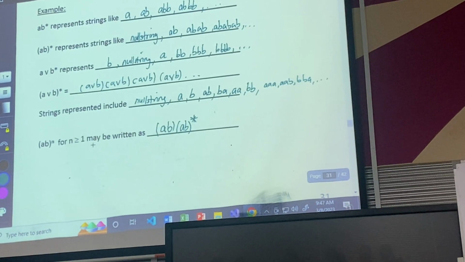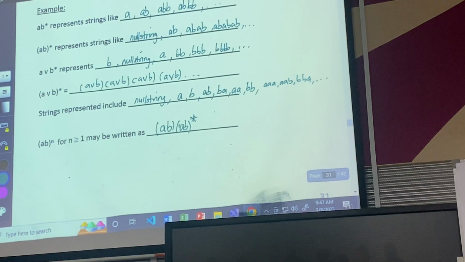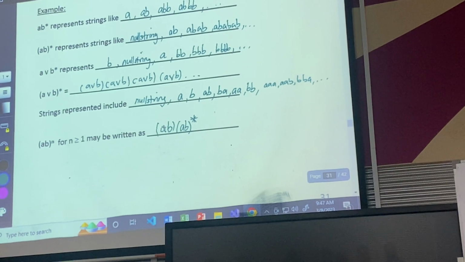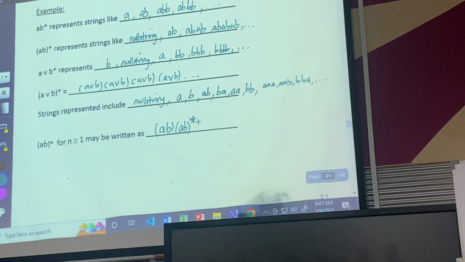That is the difference if you define using n and using asterisk. Understand now? With the asterisk, you must write 1 AB in front. With the n, you can start from 1. Differentiate these two. Later on, when you write the regular grammar, you will always use this.